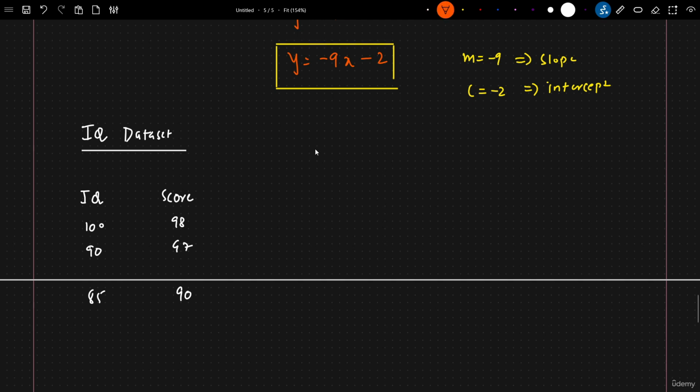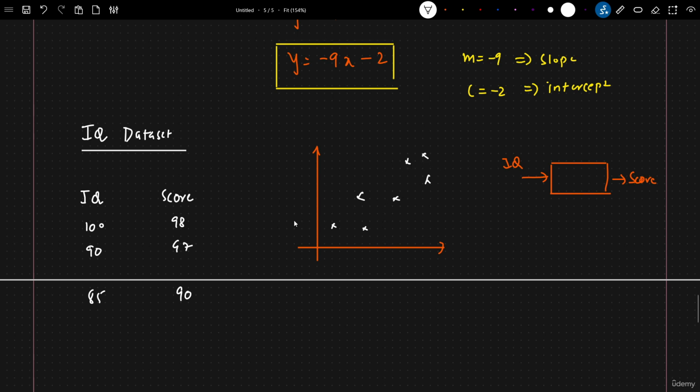Now, when we try to create a model, our model should be able to predict. Whenever we give a new IQ, it should be able to predict what the score of the student should be. Now for this, if I plot all these data points, this will be my IQ and this will be my score, right?